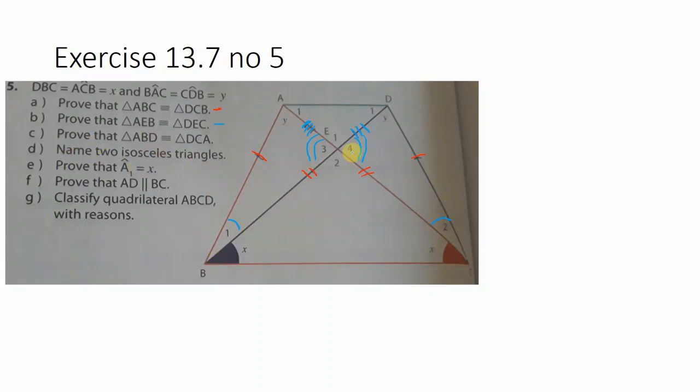So we have ABD, we need to prove congruent to DCA. Let's start with our introduction. So in triangle ABD and triangle DCA.